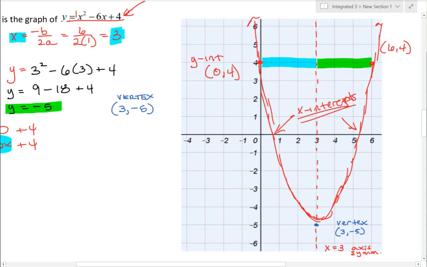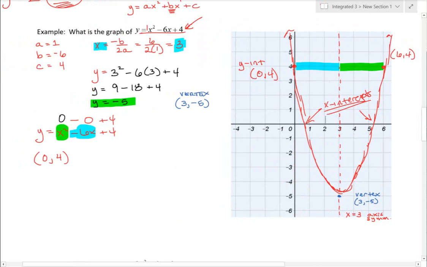And we'll find those in a couple sections. Those are all things that are important to a parabola: the vertex, the y-intercept, the axis of symmetry, and then ultimately the x-intercepts. If we can find those, we should always be able to graph it. And once we can graph it, we can then start using that for real life applications.